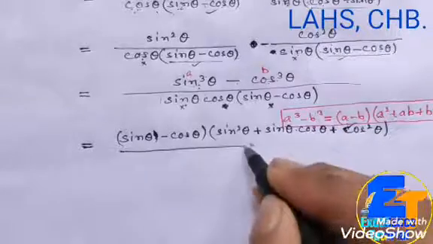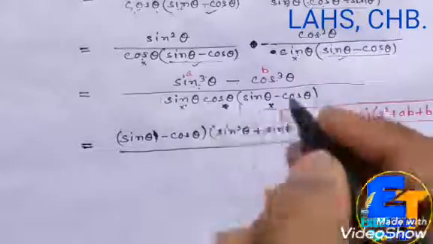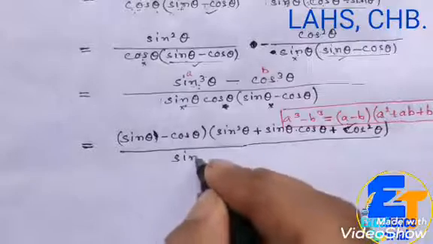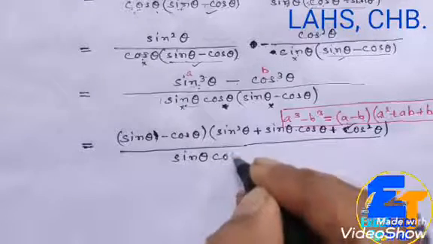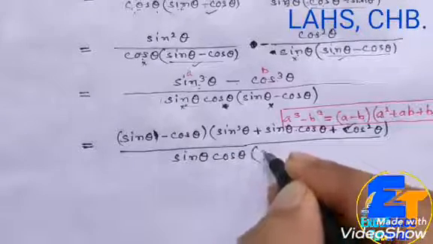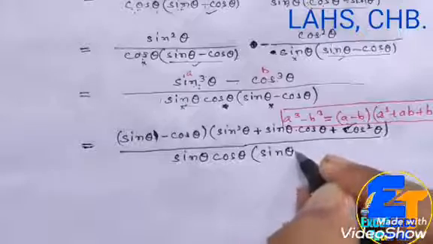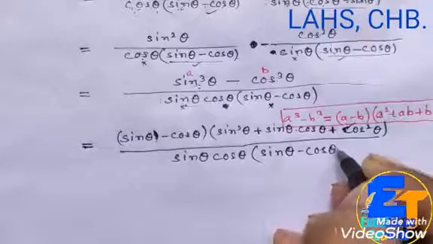Okay, divided by sine theta cos theta, sine theta minus cos theta.